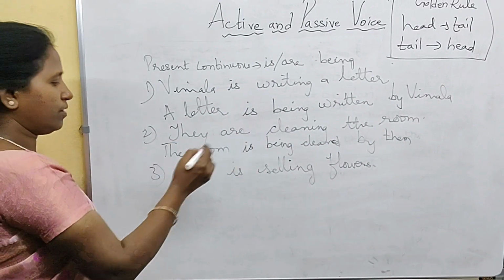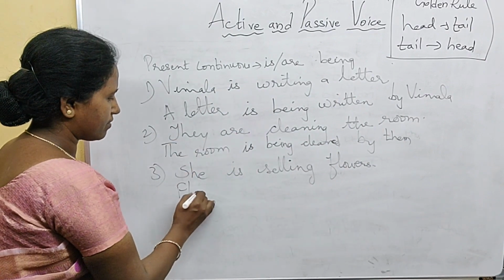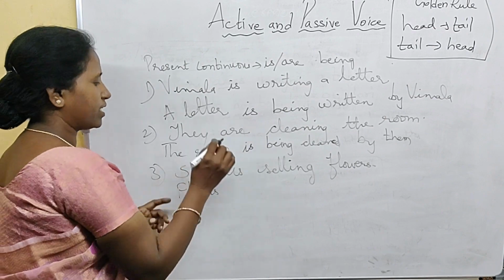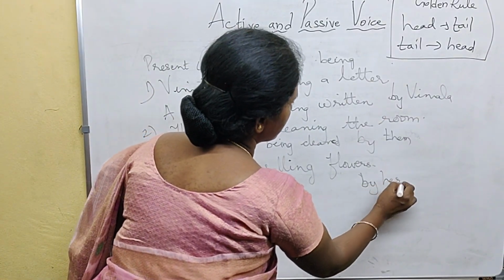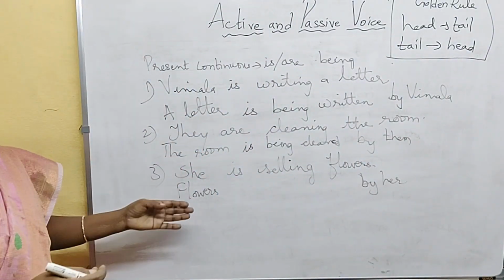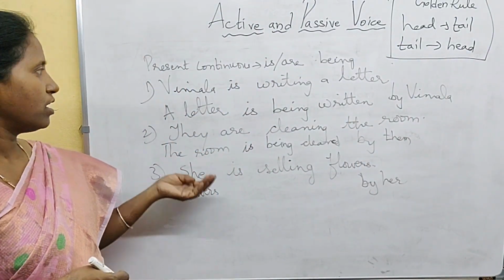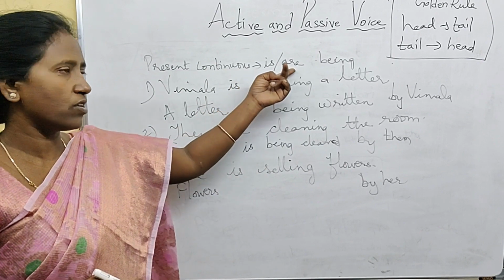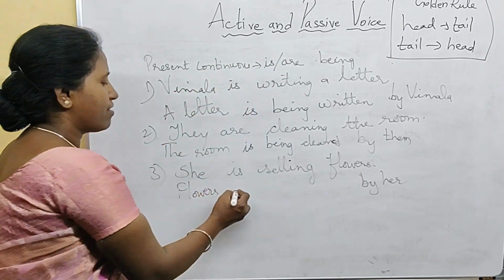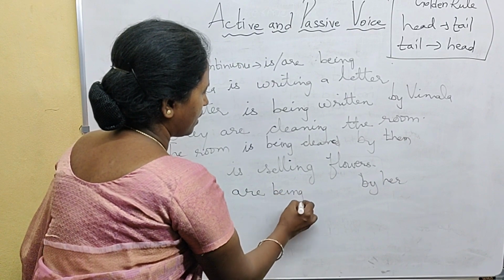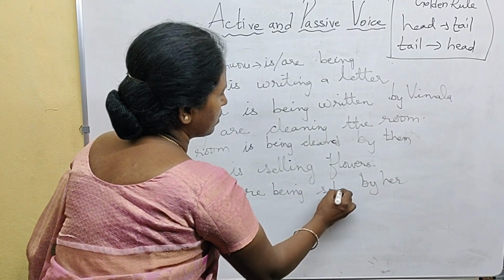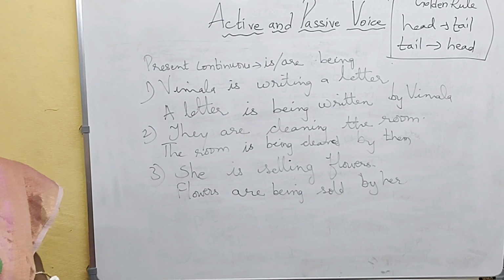Now if you see, the tail is flowers, that is the object, and the subject is she, which changes to by her. Flowers is plural. So what will you take? Will you take is or are? Are. Flowers are being sold by her.